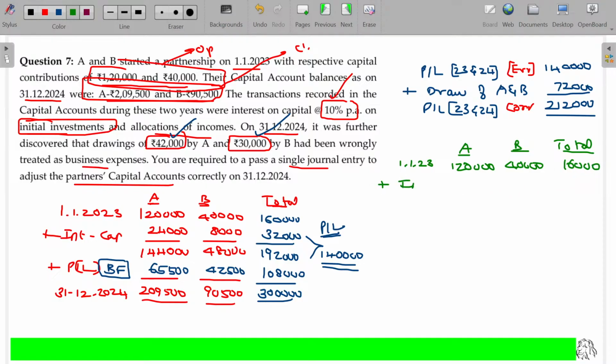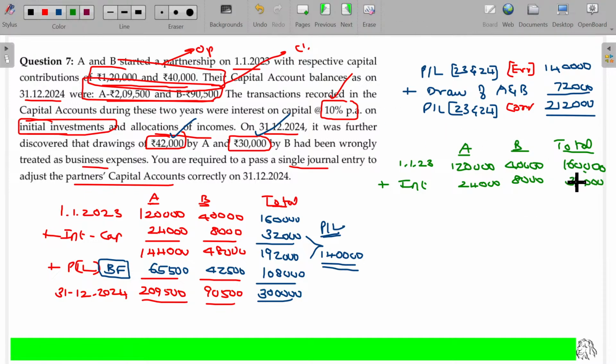Add that interest component with this. How much is the interest? 24,000 and 8,000. There is no problem here. 32,000 is the interest. Okay. Clear? We got this interest.